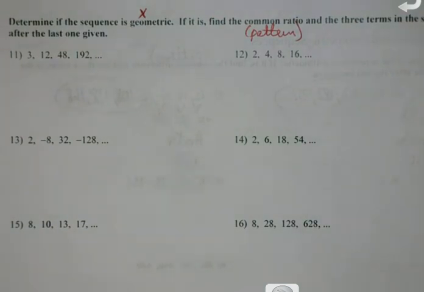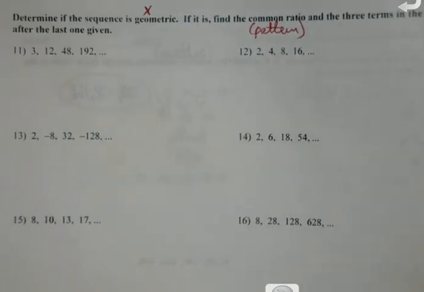So if there's a number I can multiply by, great. Otherwise, divide the numbers in the list from end to beginning and see if there's a pattern with those. And then for the rest of them, it's just some multiple choice on figuring out if it's arithmetic, geometric, or neither.